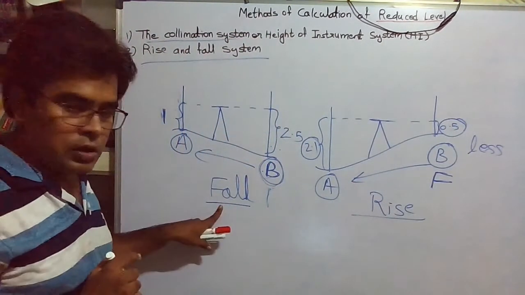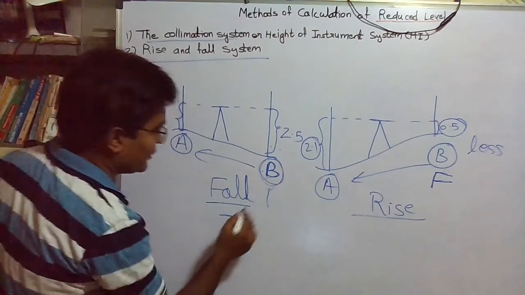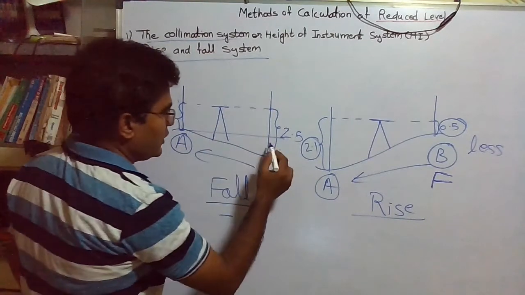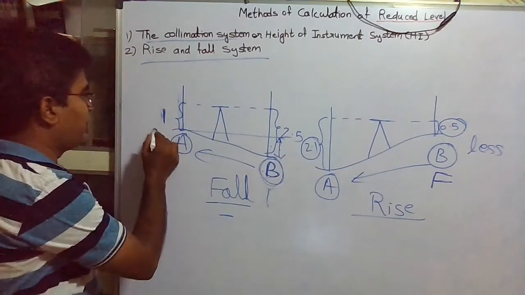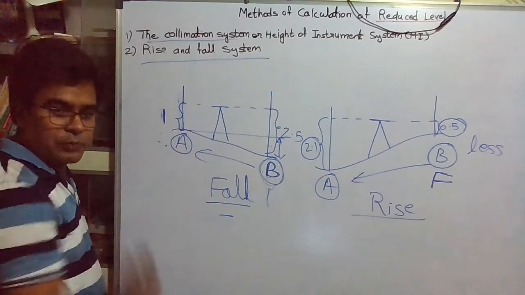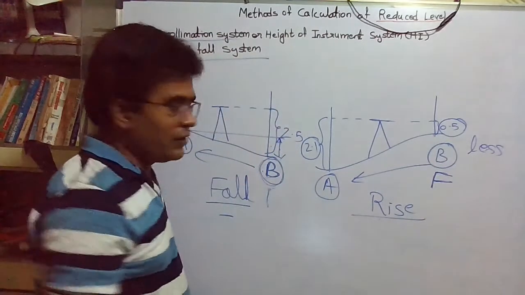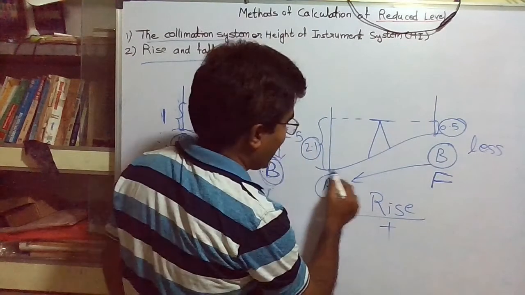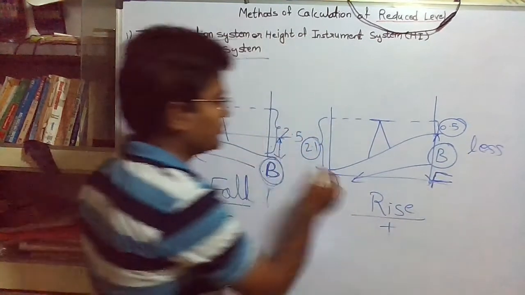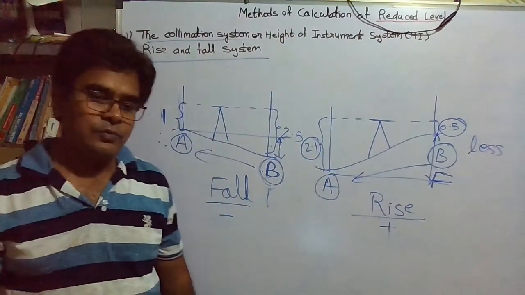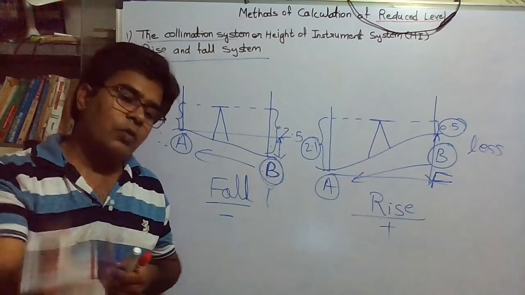If there is a fall, then we subtract this difference from the RL of the preceding point, and if there is a rise, then we add this difference to the RL of the preceding point. Simply, we compare the forward staff reading.